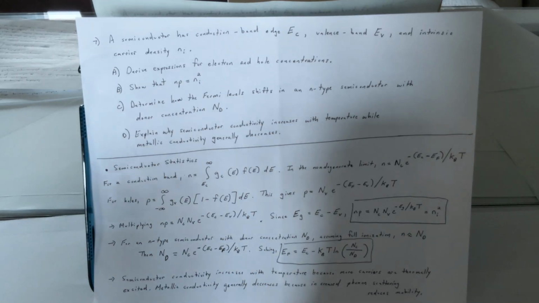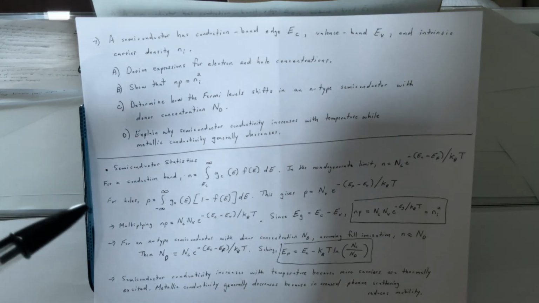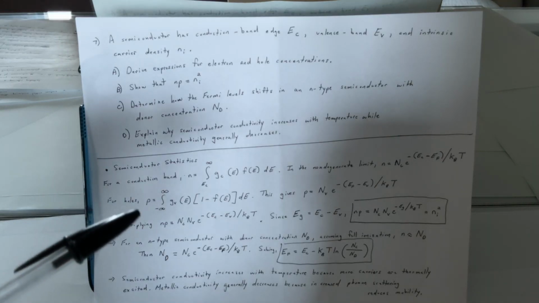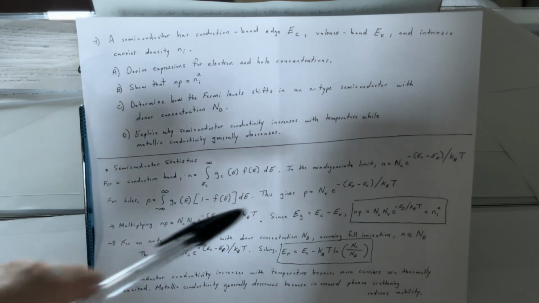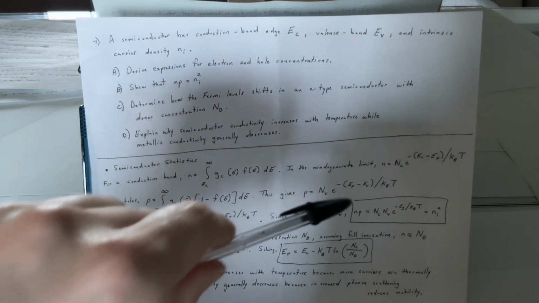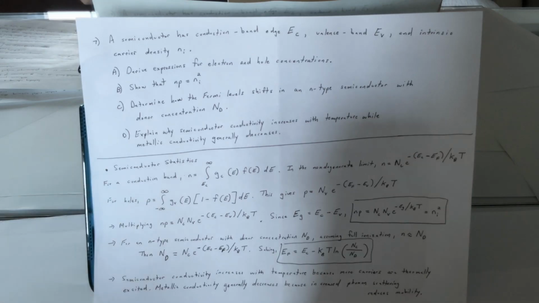So semiconductor statistics for a conduction band, n equals that integral from E_C to infinity, g_C(E) f(E) dE. In the non-degenerate limit, n equals this. Okay, and here what we have for holes, we have this equation for our holes, and this gives this equation here.